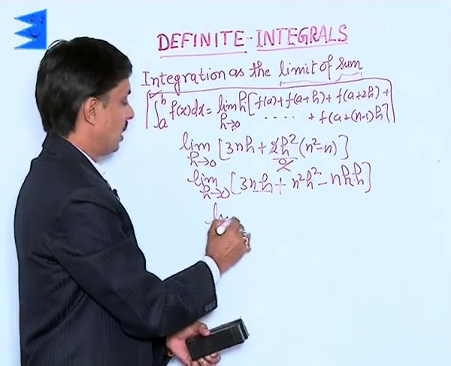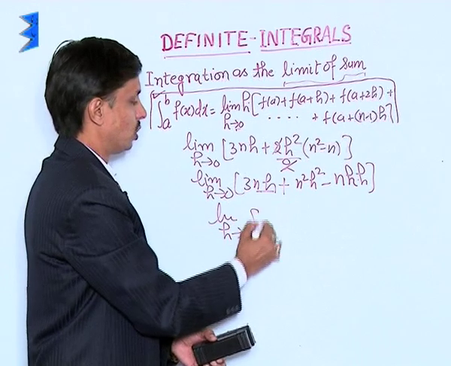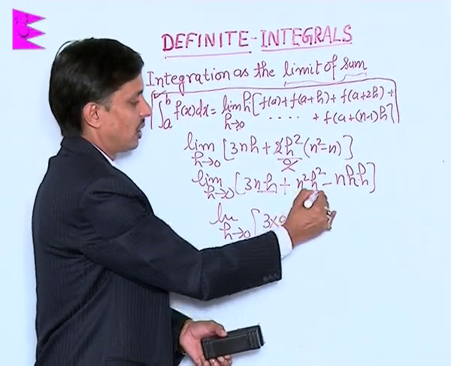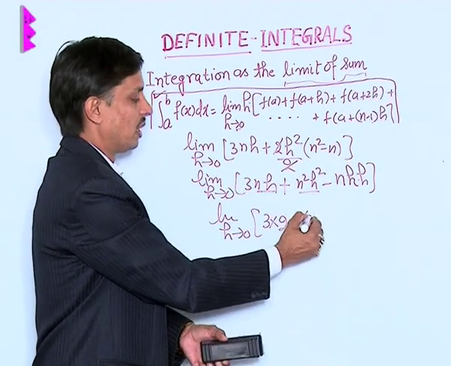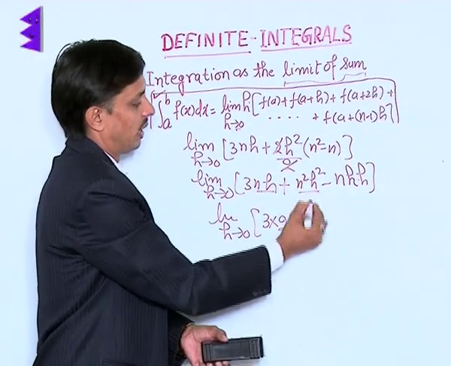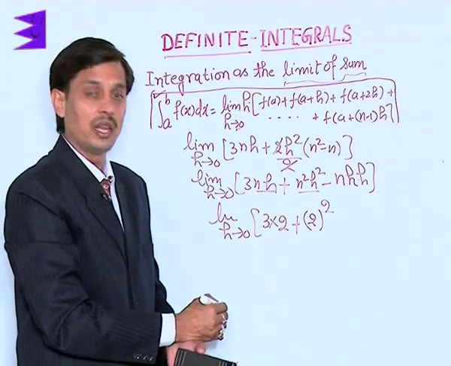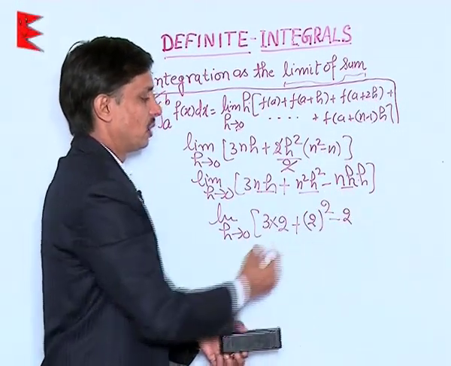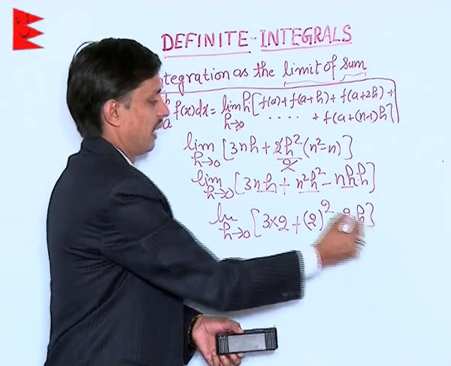The question will be limit h tending to 0, 3 into 2 plus n square h square, meaning nh whole square, and nh is 2, so it is 2 whole square, minus nh is 2 into h.